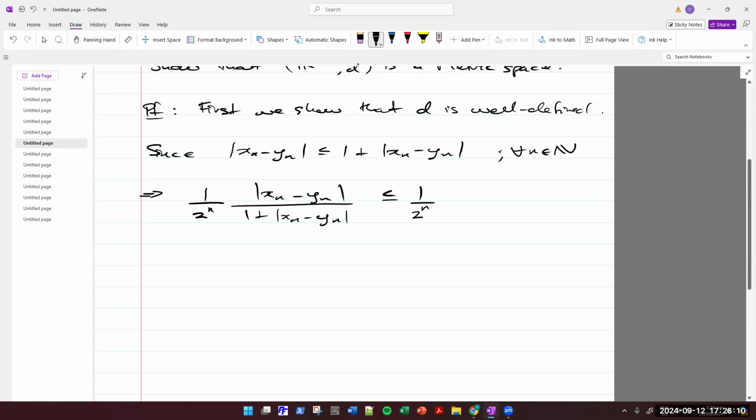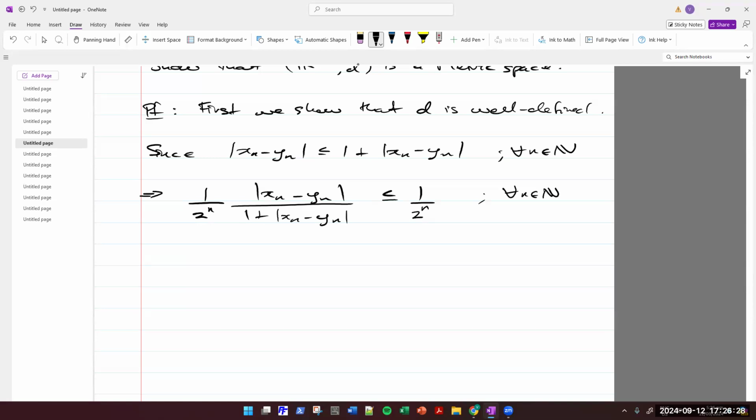Of course, that does not change the inequality sign because this is non-negative. So again, this holds for all natural numbers. And now we just need to remember something. I think it's called the comparison test.